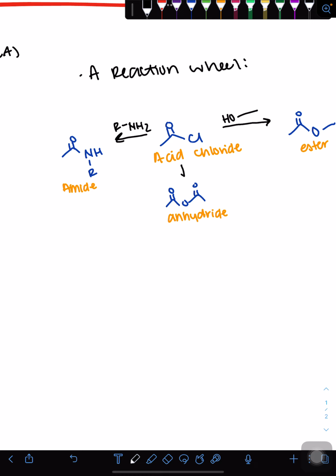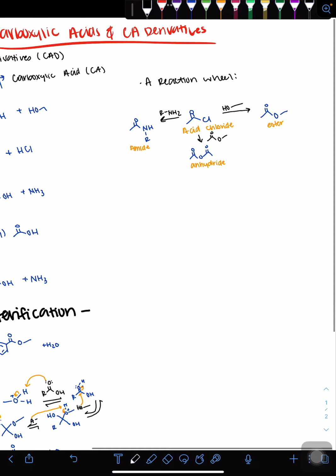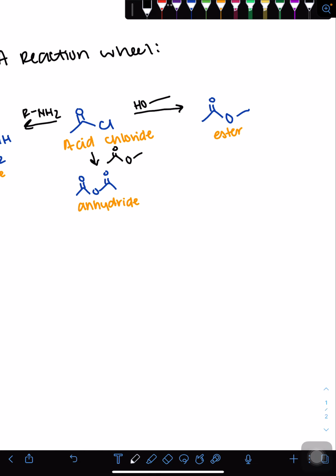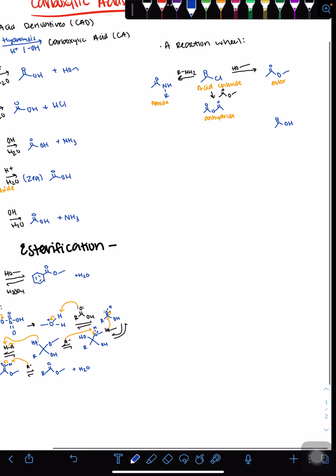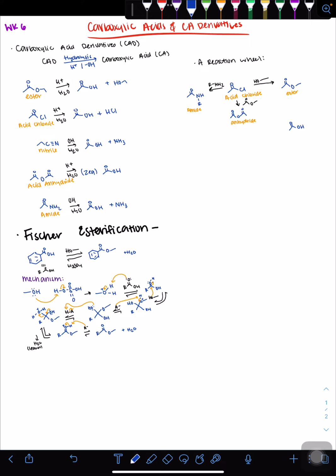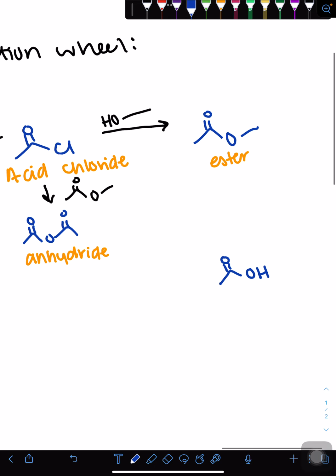Because you're adding another group to it, you'll use an ester. Okay, and what if we wanted to start with a carboxylic acid and go to the ester?